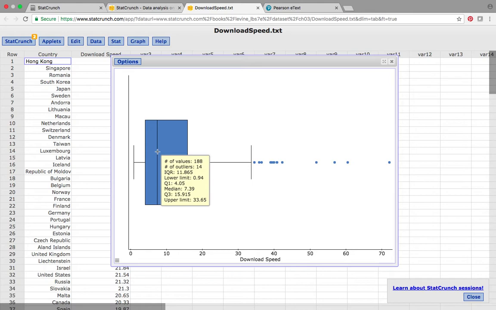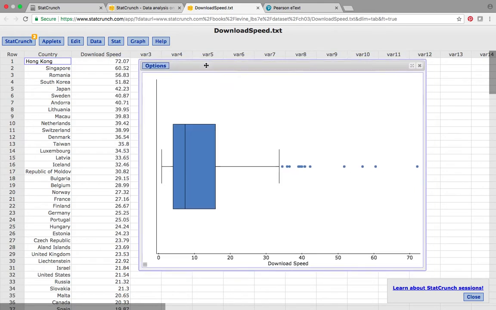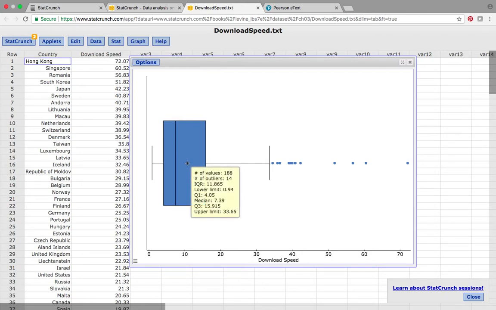The slowest is 0.94. The upper is 33. No, wait a minute, what's going on here? Oh, that's just for the interquartile range there. Obviously, the upper is 72.07.